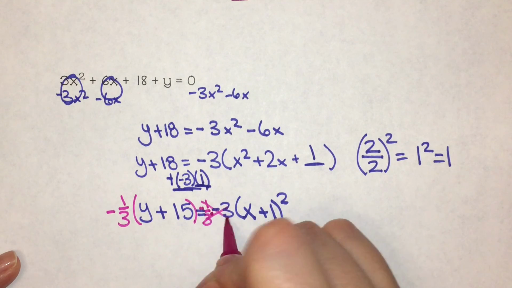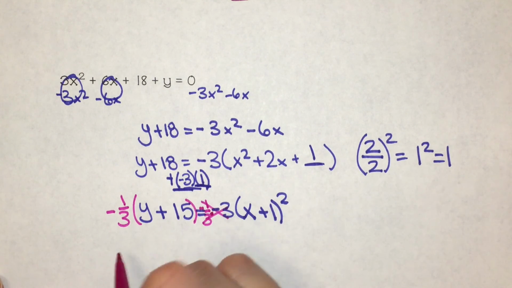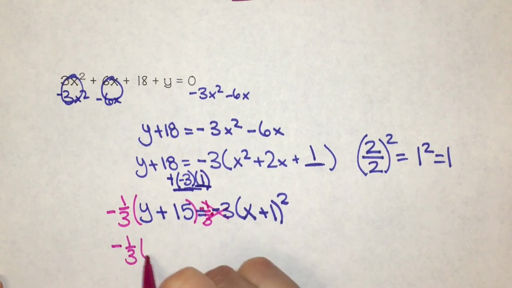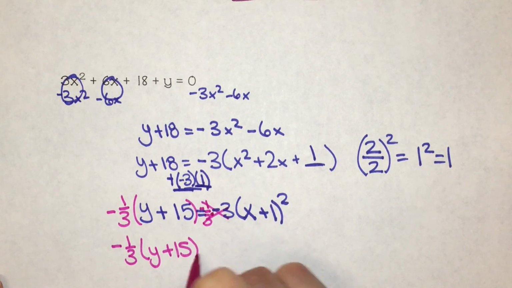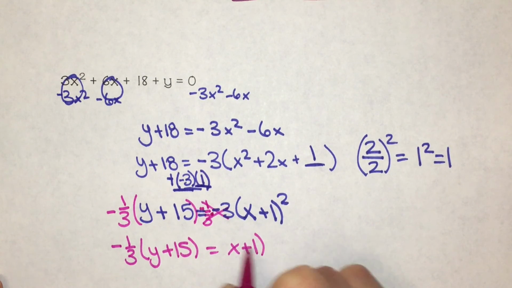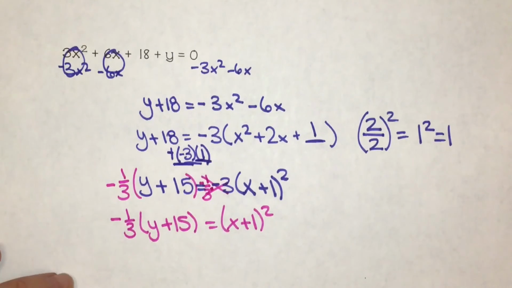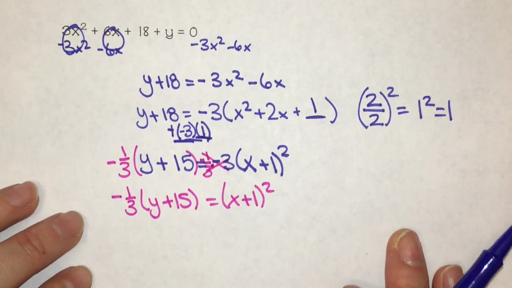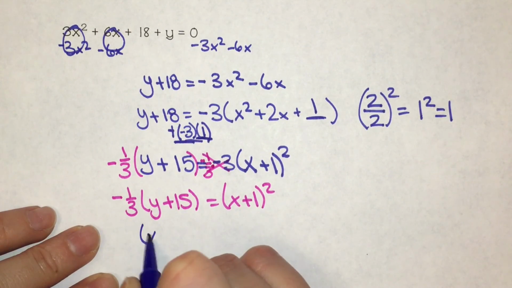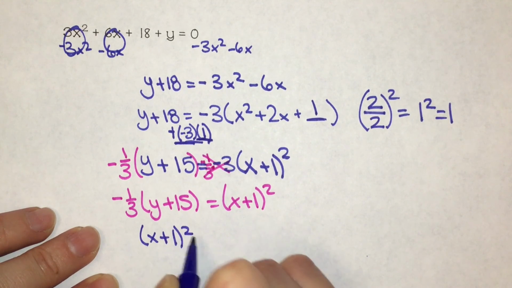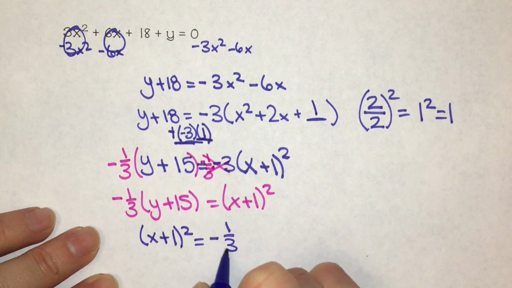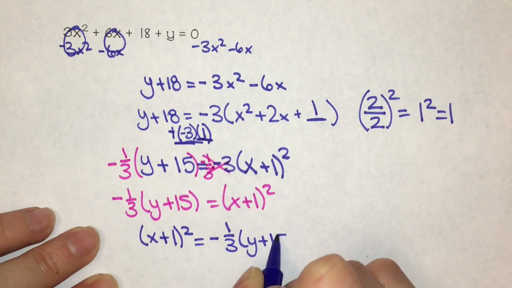Negative 1/3 times 3 equals 1, so they cancel out. So we have negative 1/3 times y plus 15 is equal to x plus 1 squared. But we have to flip the two sides. So we have x plus 1 squared is equal to negative 1/3 times y plus 15.